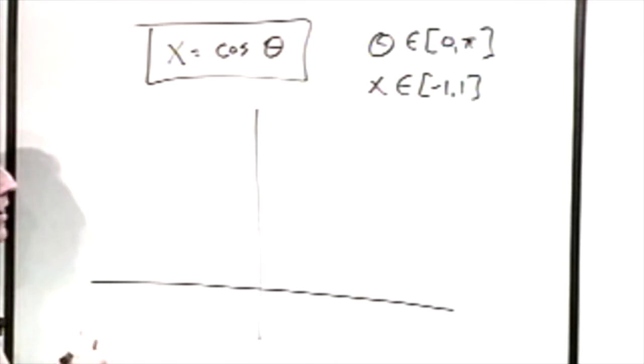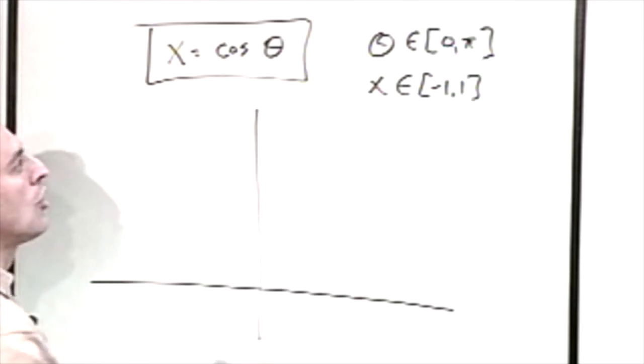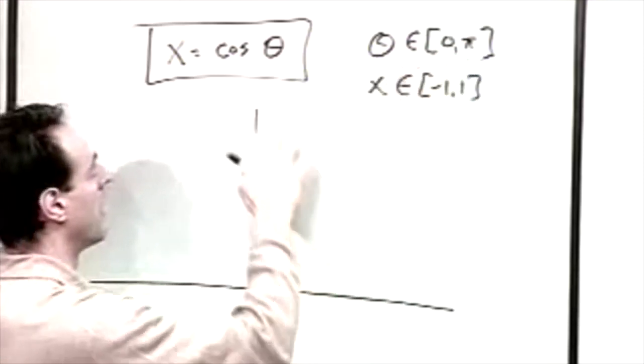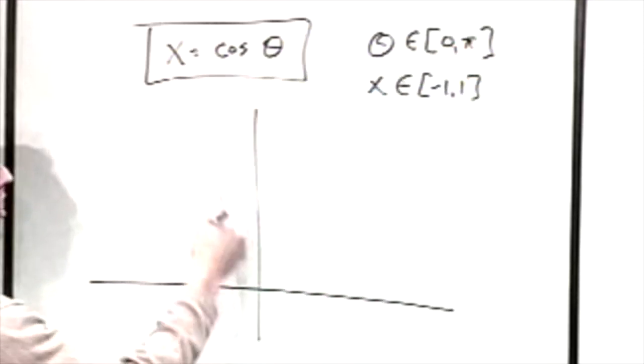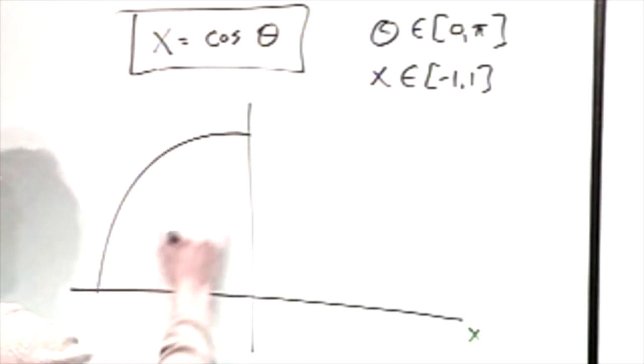All right, let's draw. How do I want to do this? When x goes between -1 to 1, theta goes between 0 to pi. In fact, x is cosine theta, so let's draw that. So basically you get a cosine theta.